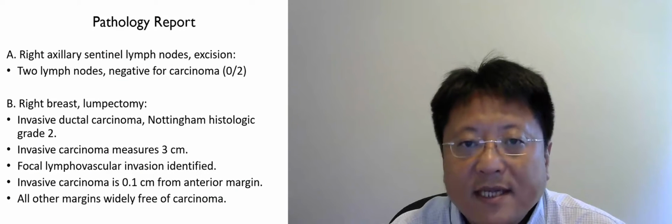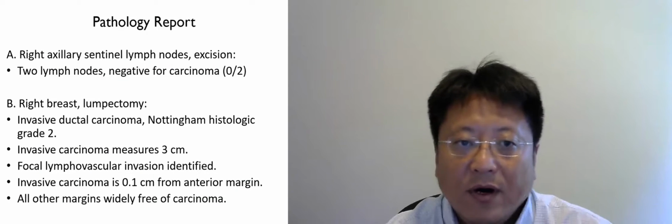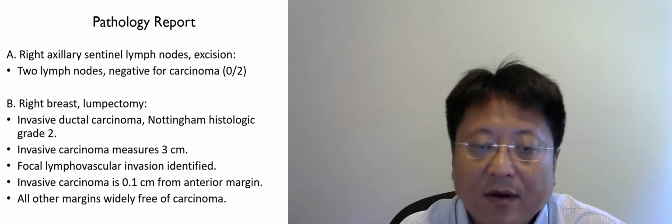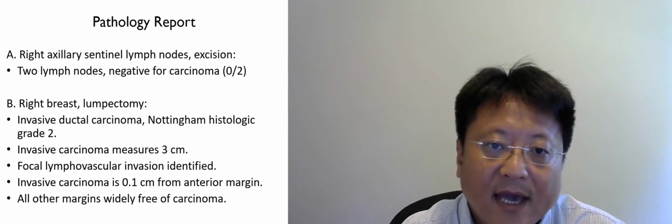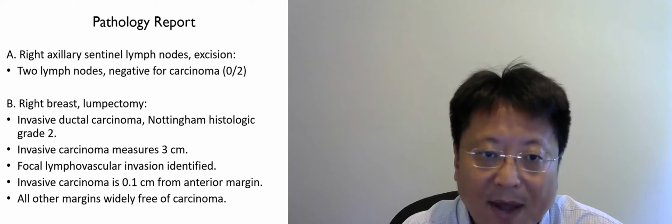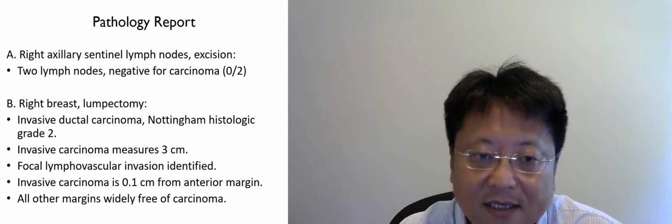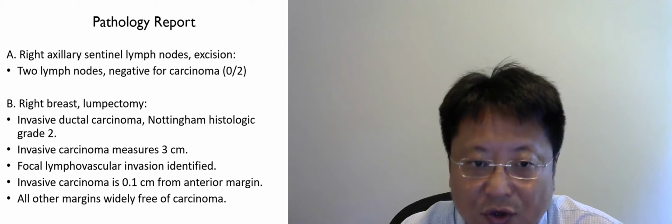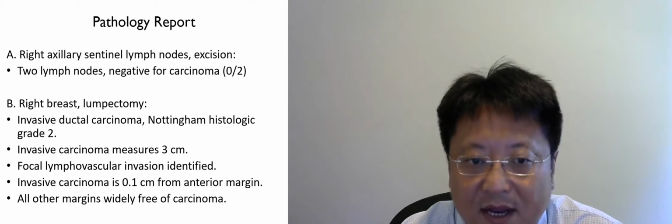So this is one example of our pathology report. Part A is right axillary sentinel lymph node. There were 2 lymph nodes taken and both were negative for tumor. And then we have the lumpectomy of the right breast. This is an invasive ductal carcinoma. The grade is 2 and the size is 3 centimeters.